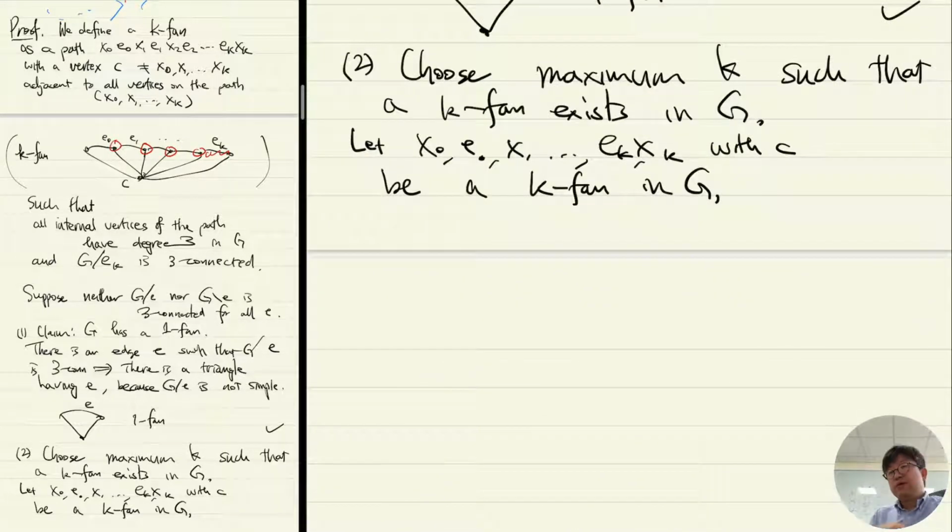Yes, because the graph is finite, there is a maximum number K such that the graph has a K-fan.